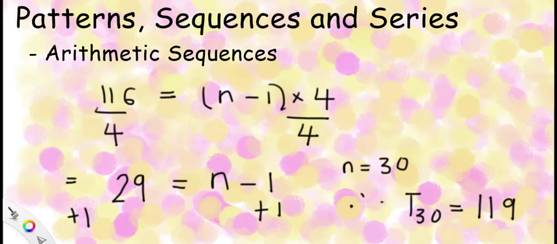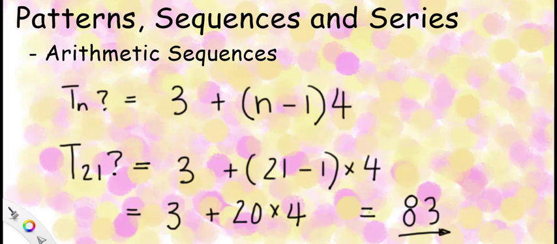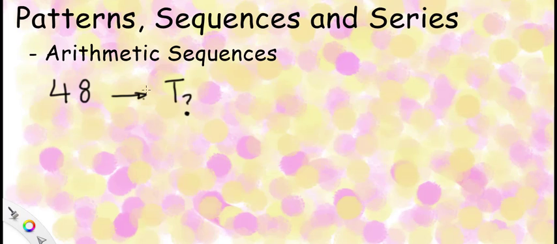Easy peasy, right? Last question now. If we have the number 48, what term number is it in the sequence? Again, that's the question, and we know how to solve those kinds of questions. We simply do what we've done for the previous.